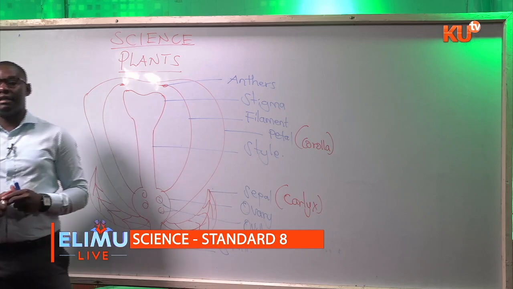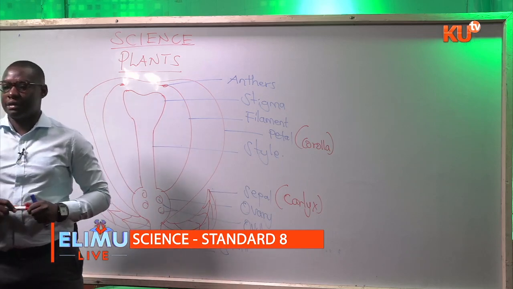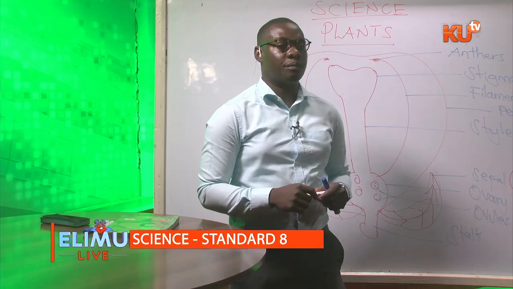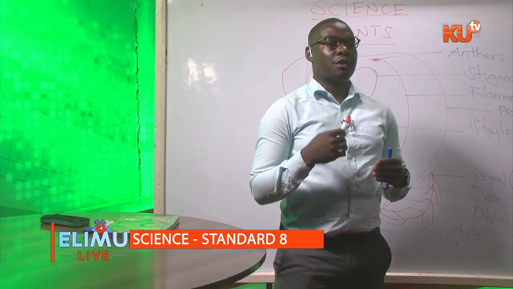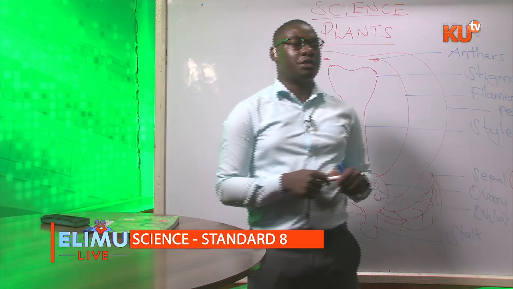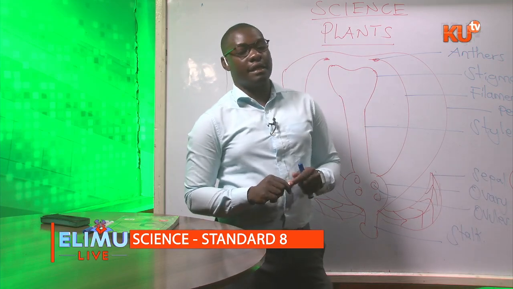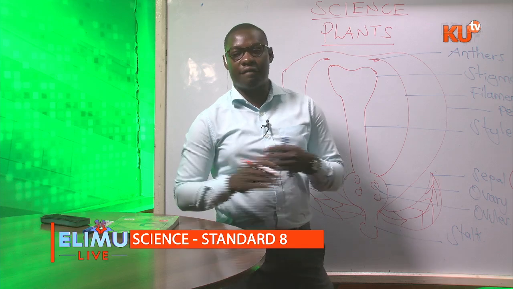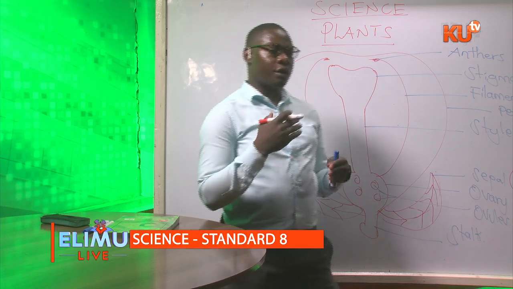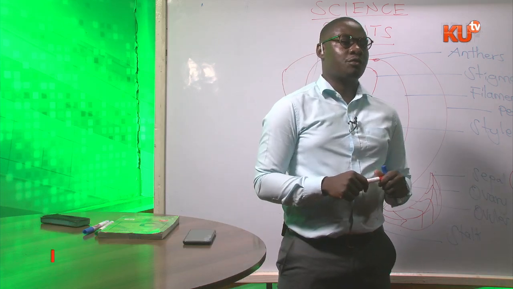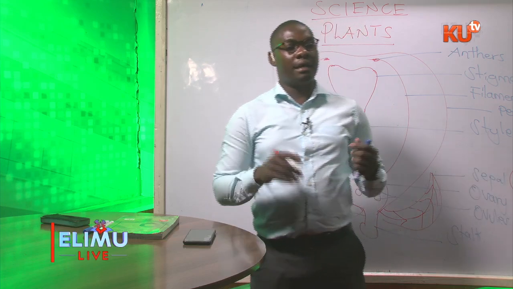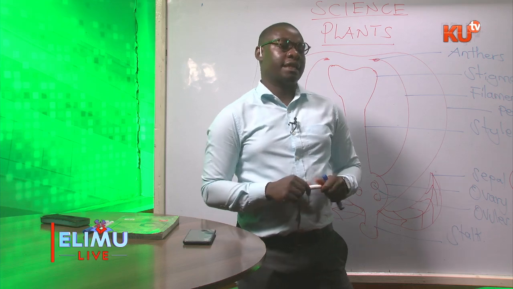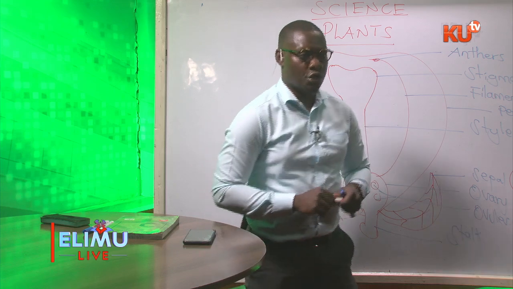Since I've said that the flower is a reproductive part of a plant, it means there are male and female parts. For reproduction to take place, we usually have the male and the female sex cells involved.